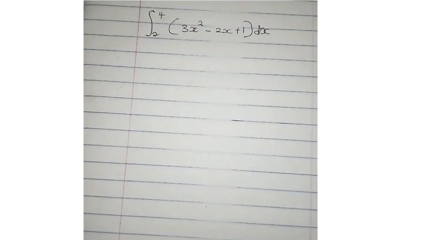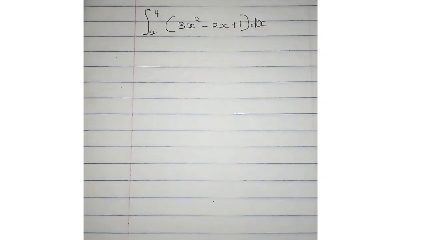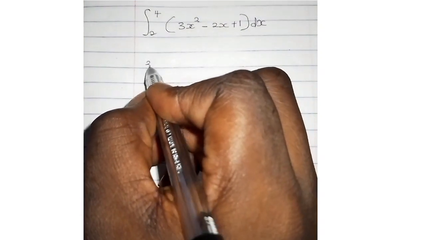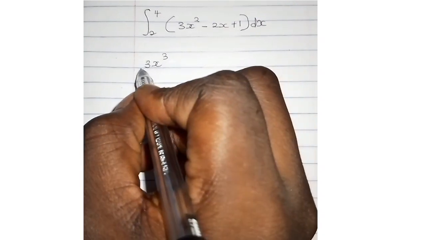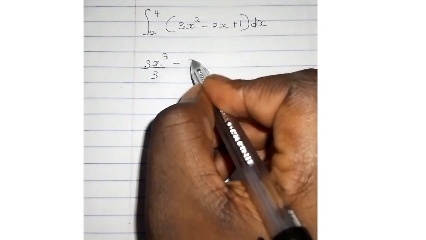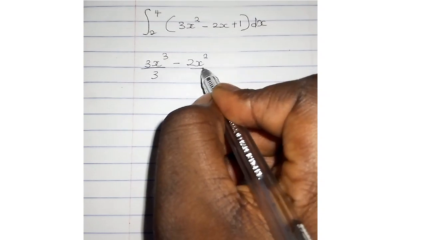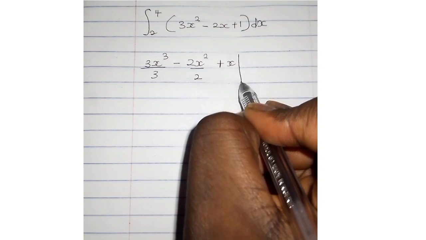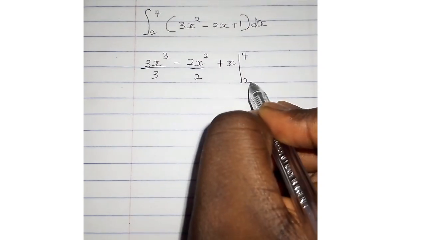Now we're given this equation. We're asked to integrate and look for the upper limit and the lower limit also. Here the lower limit is 2 and the upper limit is 4. So now we're going to integrate. When we apply the integration formula here, we're going to have 3x cubed over 3, subtracting 2x squared over 2 plus x, from the limits 2 to 4.